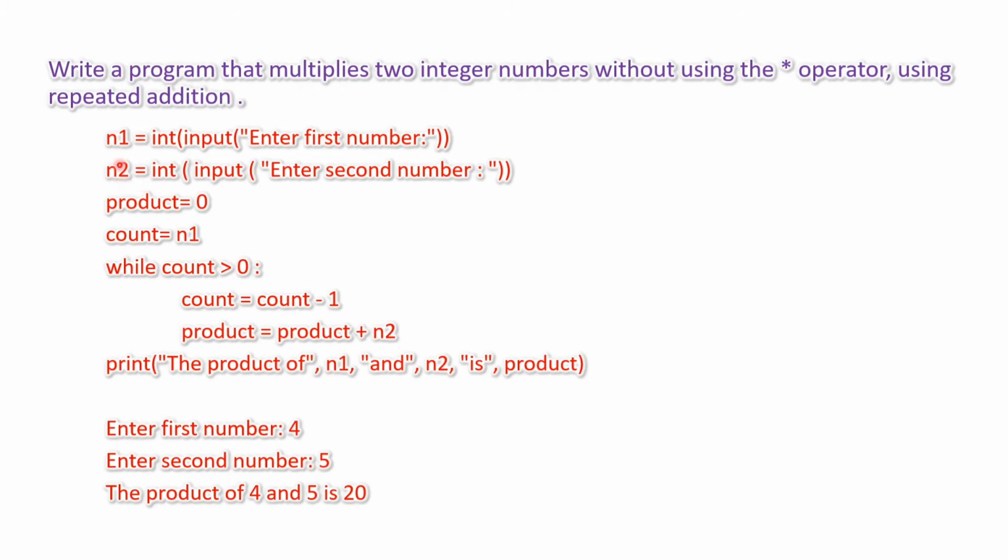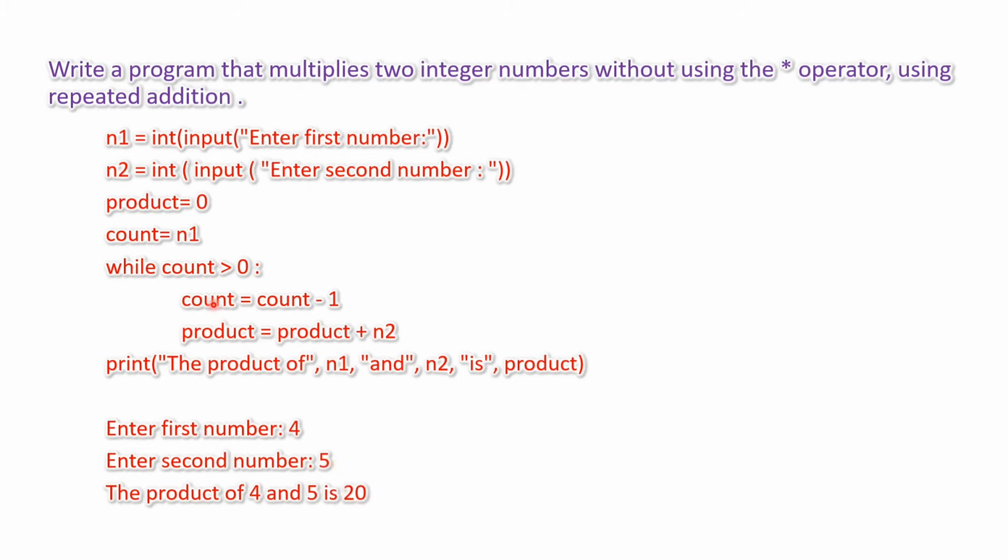So n1 is initialized to count, meaning n1 times we will add n2 to itself again and again. Like if 4 is the n1 and 5 is n2, in that case we will add 5 four times, meaning 5 plus 5 plus 5 plus 5. So when we add 5, 5, 5, 5, it will become 20.